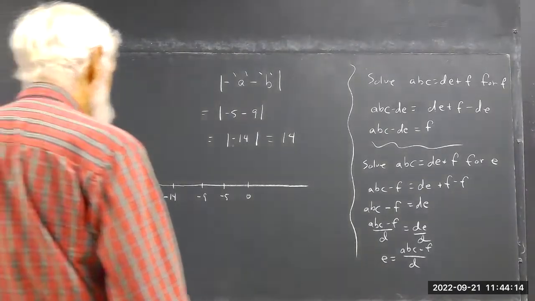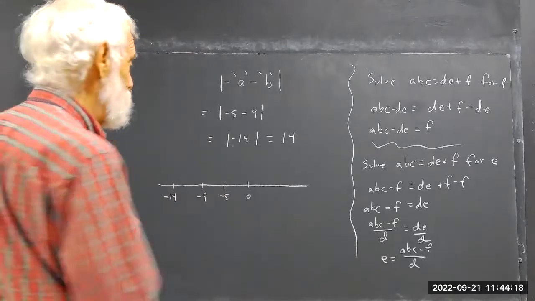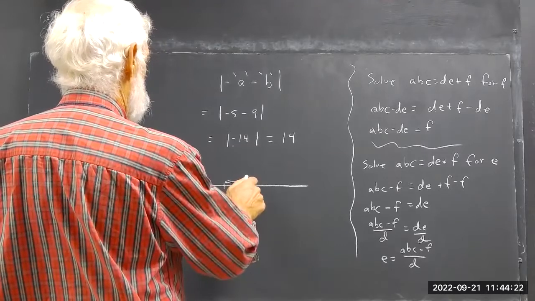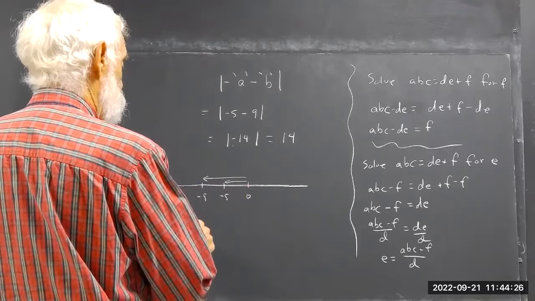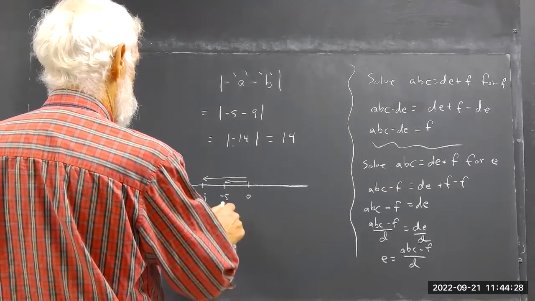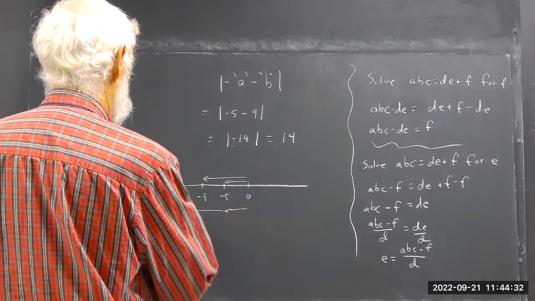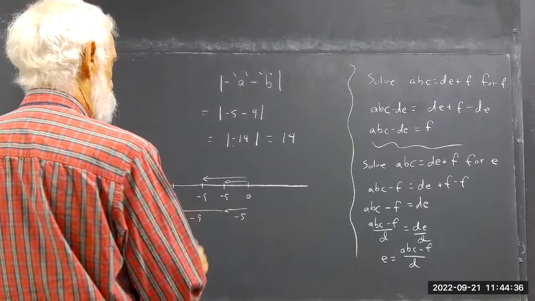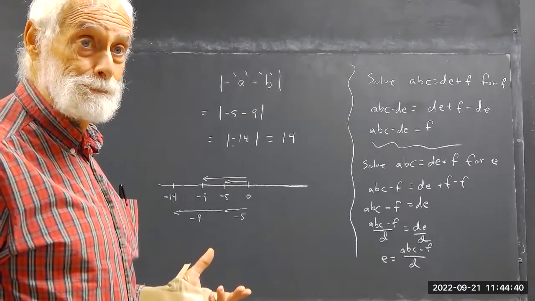Hopefully you've seen this model, but maybe not since sometime in elementary school. -5 is like an arrow from here to here. -9 is like an arrow from here to here. So if you add these arrows, you can do -5 and -9. You get to -14. The picture makes sense.